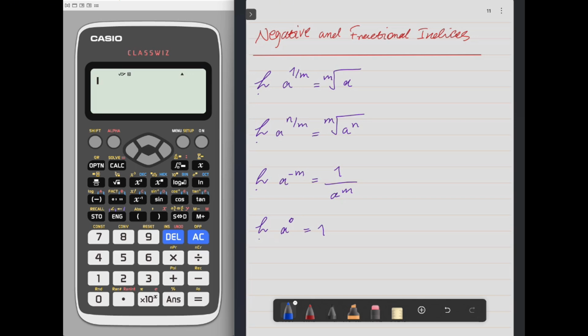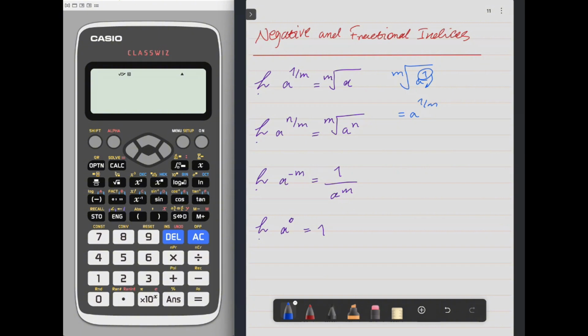So the thing is, if you have roots with an index, let's say m, and the number under the radical is a, you can write it in index form as a to the power of 1 over m. Why? Because this power is 1. The number under the radical is called the radicand.